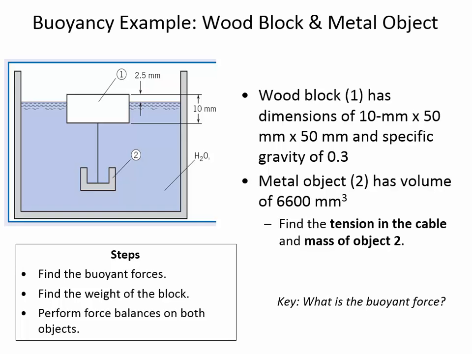So F sub B on object 1 is the volume displaced by object 1 multiplied by the unit weight of the water. Okay, object 1 is only partially submerged. It is 7.5 millimeters by 50 millimeters.